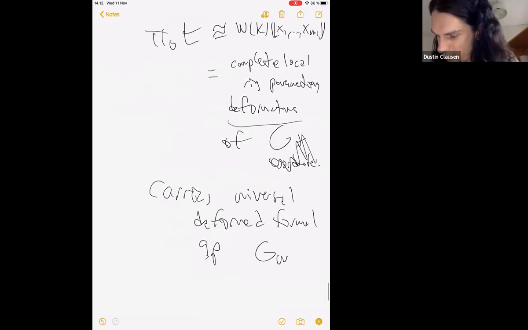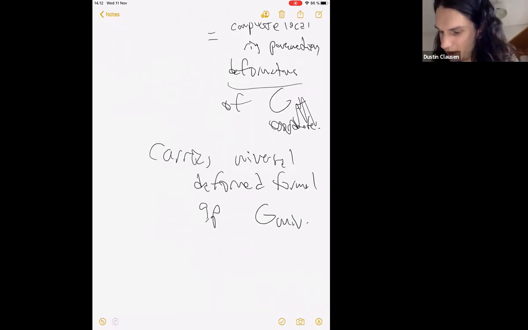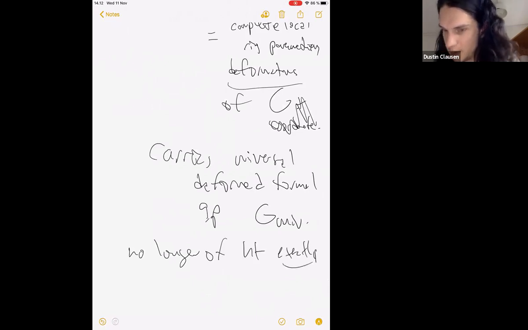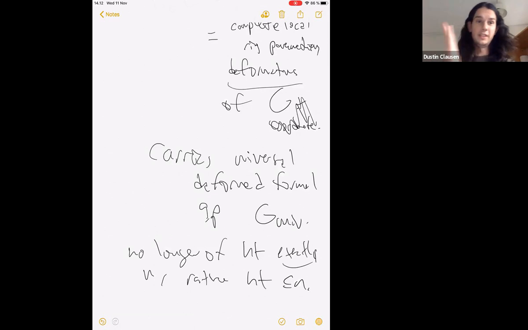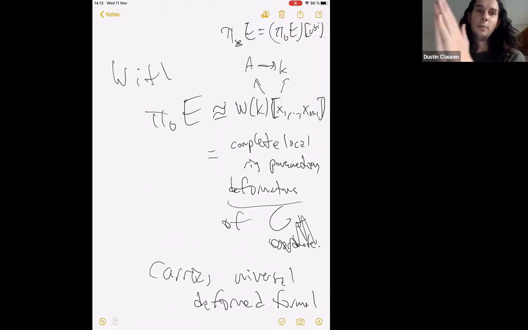So G univ lives over this ring, but it is no longer of height exactly n. Rather, if you look at specializations to different points, you'll see arbitrary heights less than or equal to n. So the story is that a height n formal group can deform into a height n-1 or n-2 formal group, but it can't deform into a height n+1 formal group.